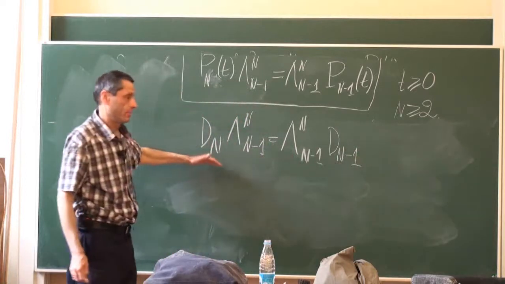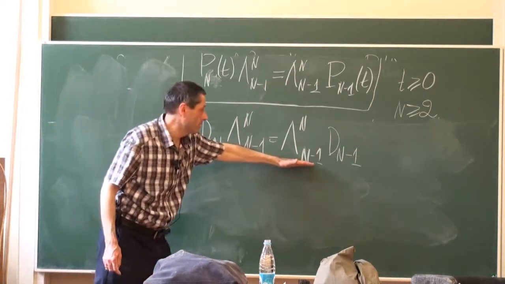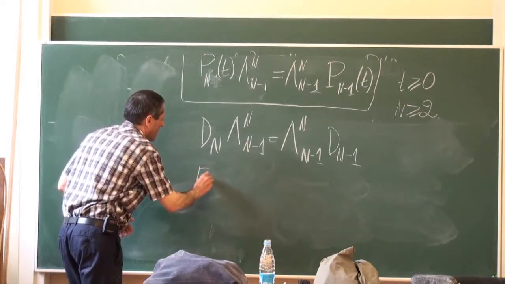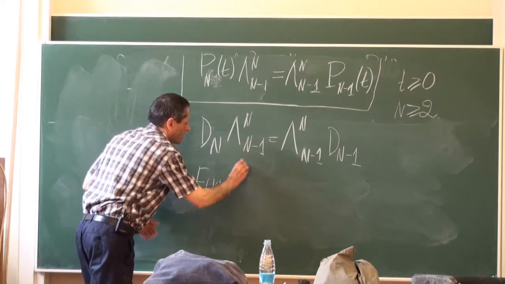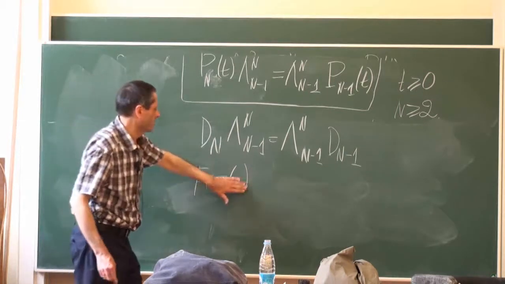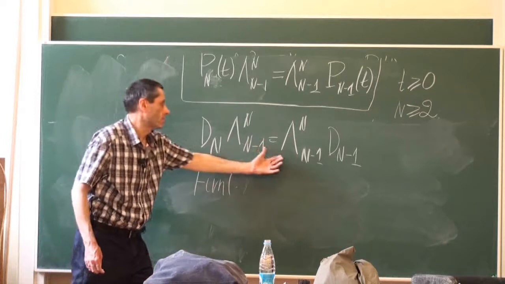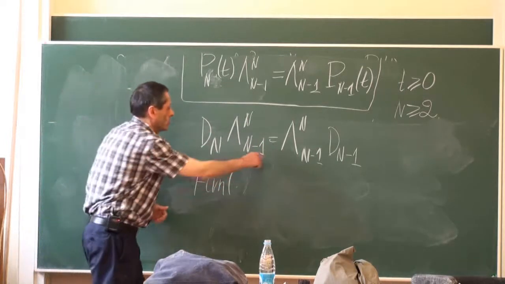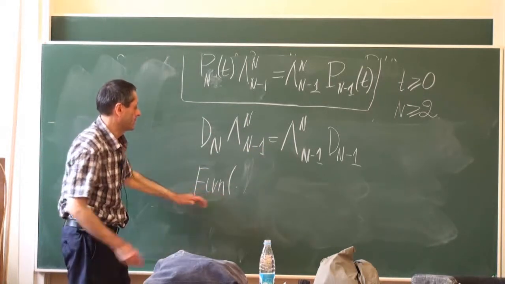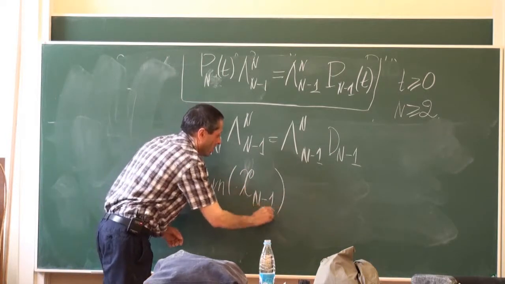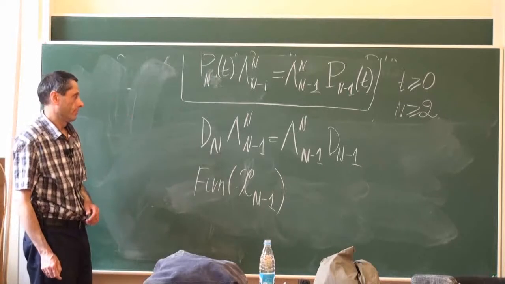It's better to understand this as an operator relation in an appropriate space of functions. Namely, in this context, we have to read both parts from right to left. So the underlying space is the space of functions on this space.